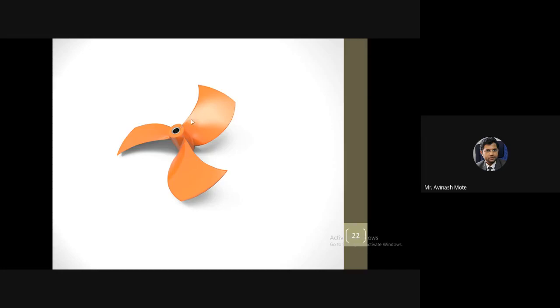Here, if you can observe, it is tightly adjusted. It is a fan blade, and with this screw and bolt arrangement you can adjust a motor spindle here and simply mount it on the motor. That is how these inserts are required.